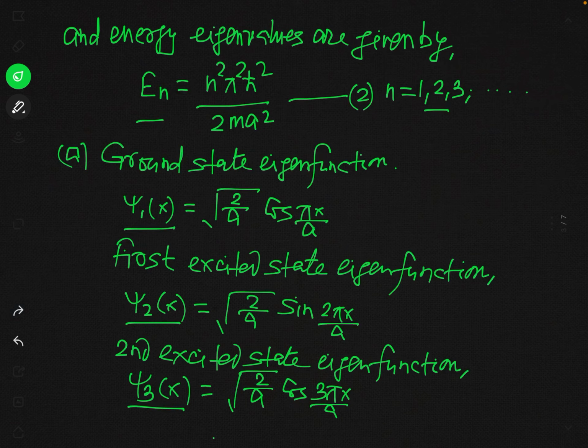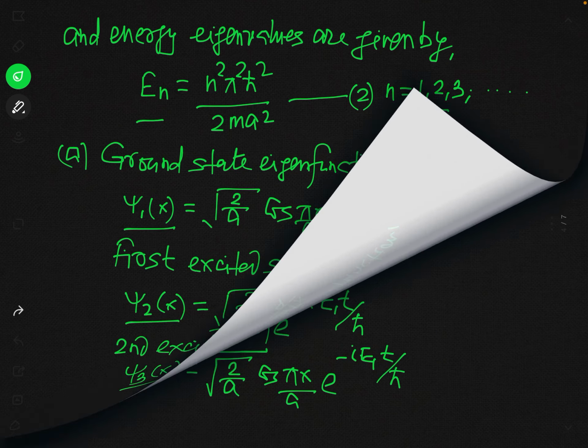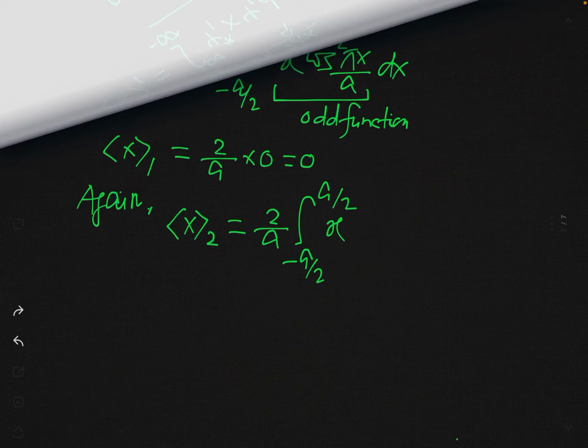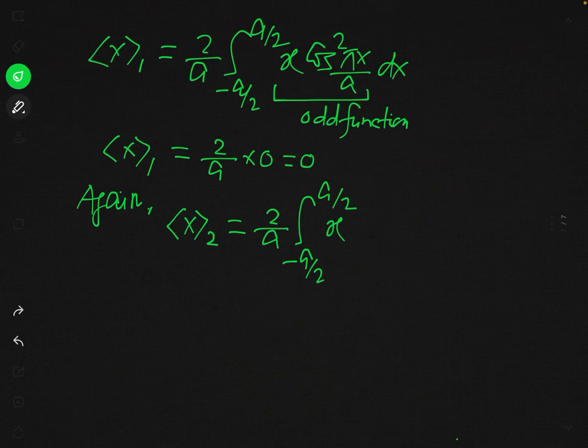I have taken the 2 by a factor outside of the integral, and there will be sine square 2 pi x over a. So this is x times sine square 2 pi x over a dx.